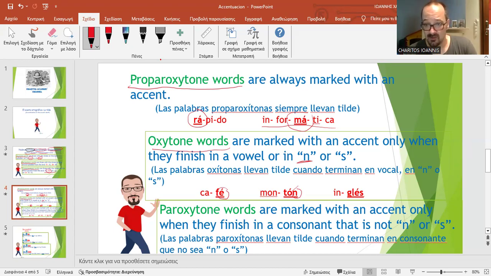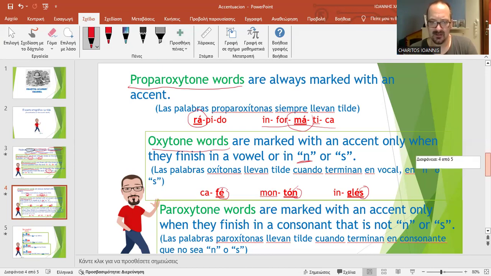Or the words that finish in S, oxytone words that finish in S, like inglés, that is an oxytone word, it's stressed on the last syllable, and it finishes in S. So, oxytone words that finish in vowel, N or S llevan tilde, which means that we must write the accent mark.